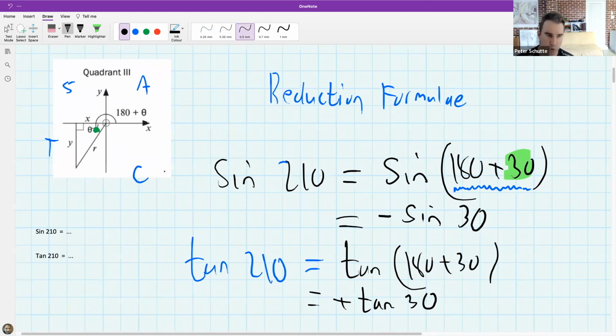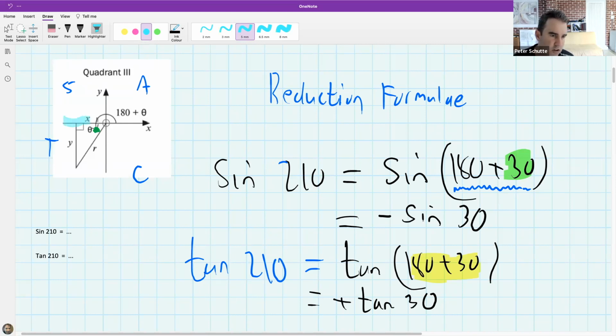And what I want to point out is that often when we start doing these things, you always end up doing this extra step to help you see how far away it is. But the real reason we use those reduction formulas is we want to see how far away it is from the nearest horizontal. So if you imagine, where is the nearest horizontal to 210?